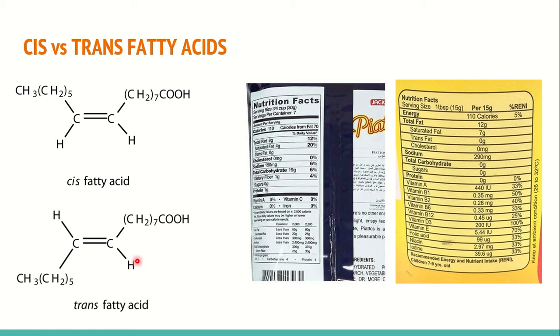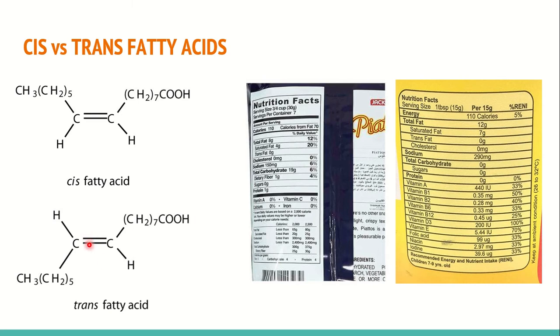Now, your trans fatty acid, if you are familiar, ito yung worst type of fat, no? Trans fat is actually considered as the worst type of fat because they behave... Kahit meron silang double bond, ang tawag natin sa fatty acid na may double bond, that is unsaturated fatty acid, but because they are trans fatty acid, they behave like saturated fatty acids.